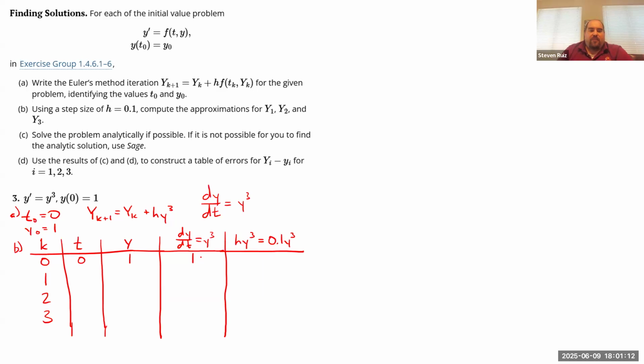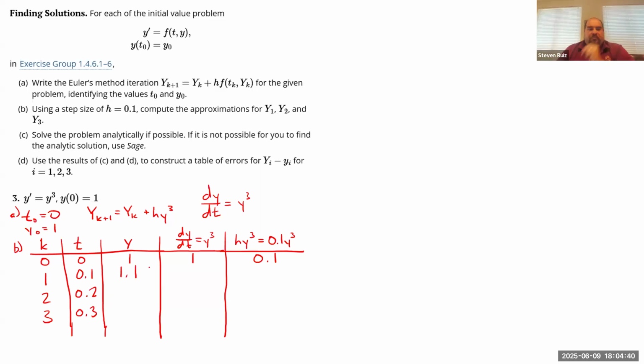So 0.1 times 1 is going to be 0.1. All right, so this 0.1, this is like my change in y. So my next y value is going to be 1.1. My next value of t is dictated by whatever my step size is. So I can fill all those in now. This step is going to come at 0.1. Next step is going to come at 0.2, then 0.3.